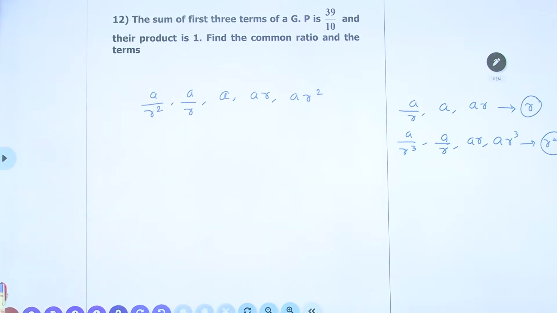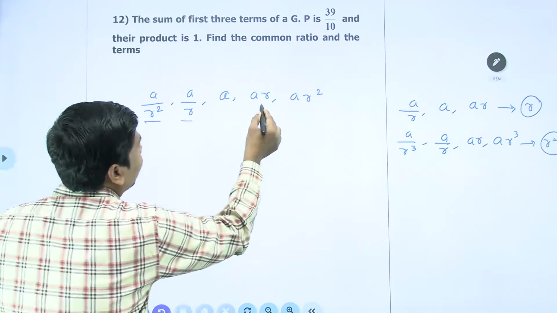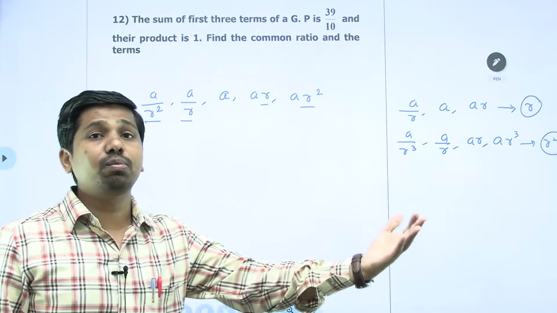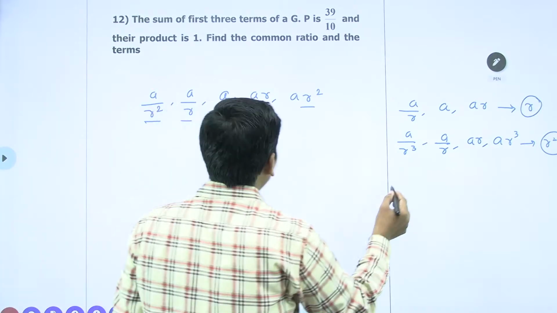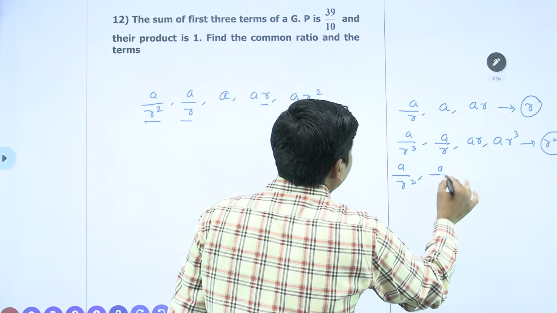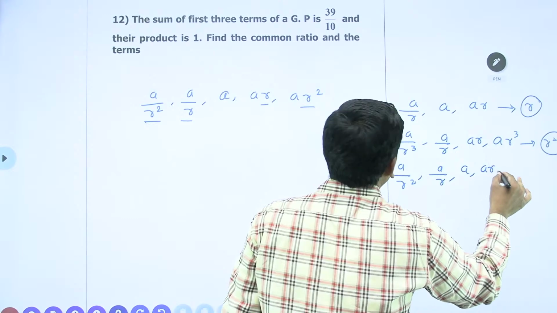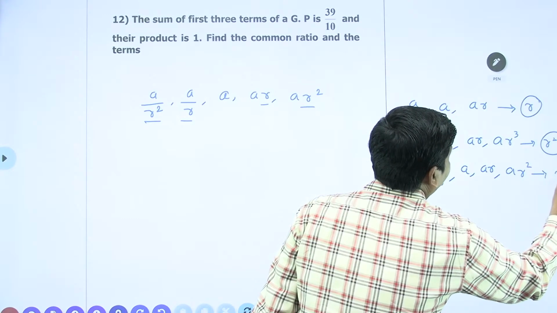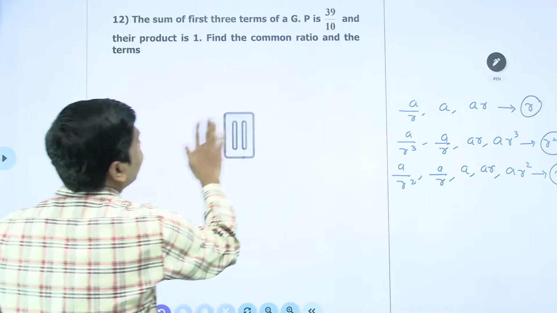R square into R is R cube, again R into R square is R cube. R cube and R cube cancel when I take the product of all those five terms. So five terms have to be taken as A by R square, A by R, A, AR and AR square, where the common ratio will be R. So these are the three terms, four terms and five terms.